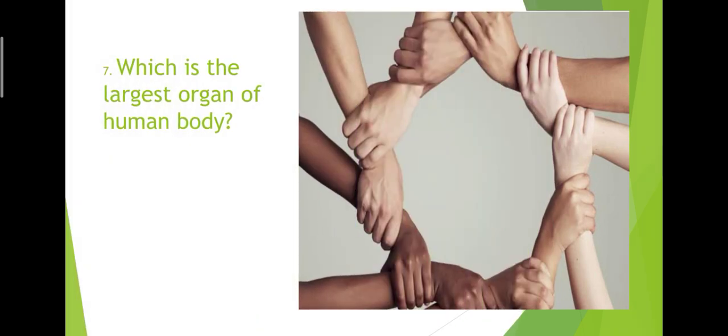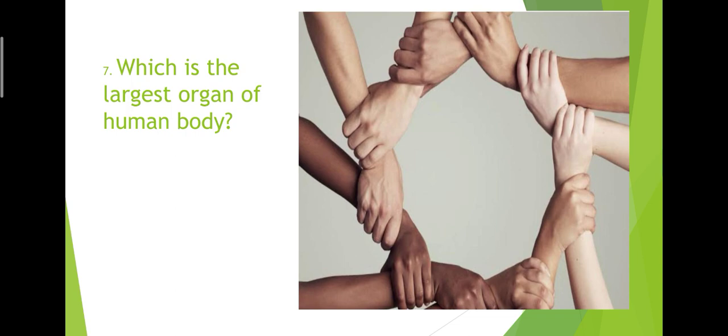Now, which is the largest organ of the human body? Children, when we think about organs, we think about brain, heart, liver, etc. But body organs aren't just internal organs like the brain and heart. There is another organ which we wear outside, that is our skin.